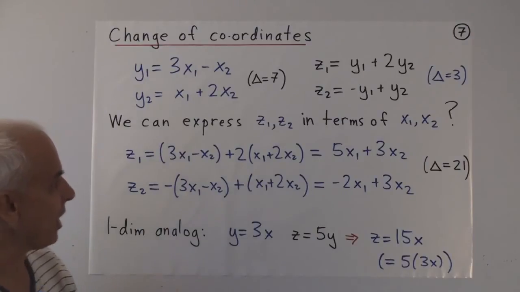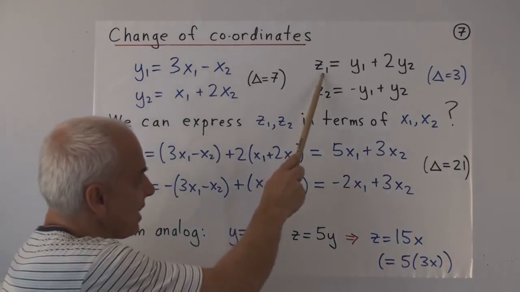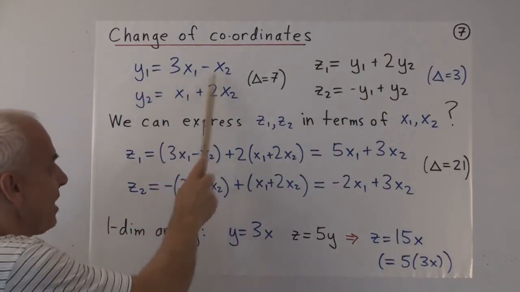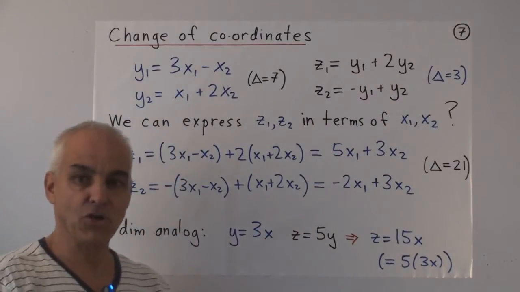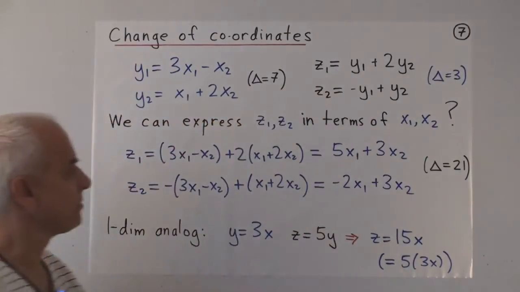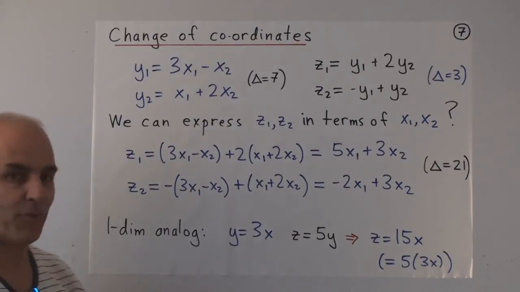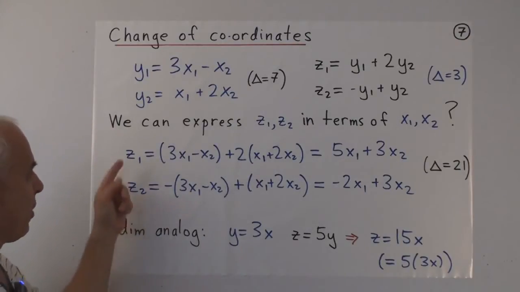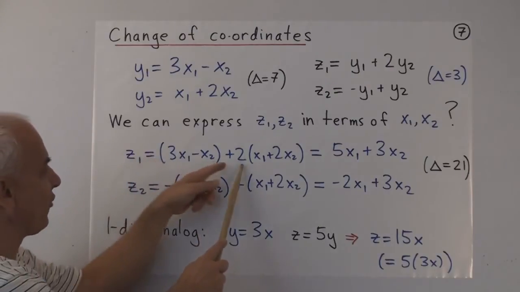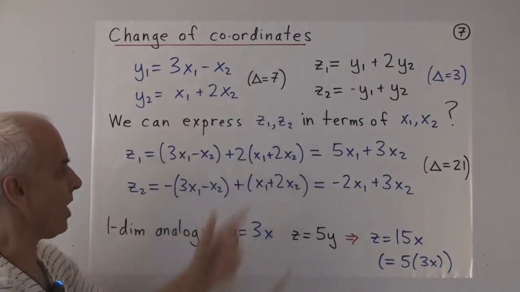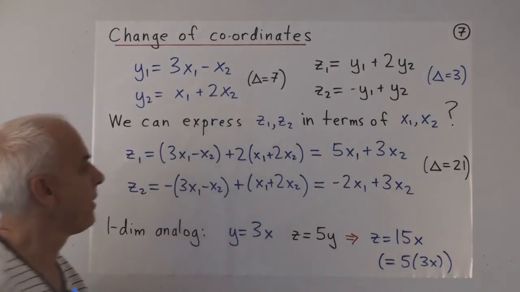Well, it's not hard to see how to do that because we can see that z1 and z2 are combinations of y's, and the y's are themselves combinations of x's, so it's simply a two-stage process of substituting these values into here. So let's see what happens when we do that. So here's z1 and z2. We're taking y1 plus 2y2, so we're just substituting these two values in for y1 and y2 into here.